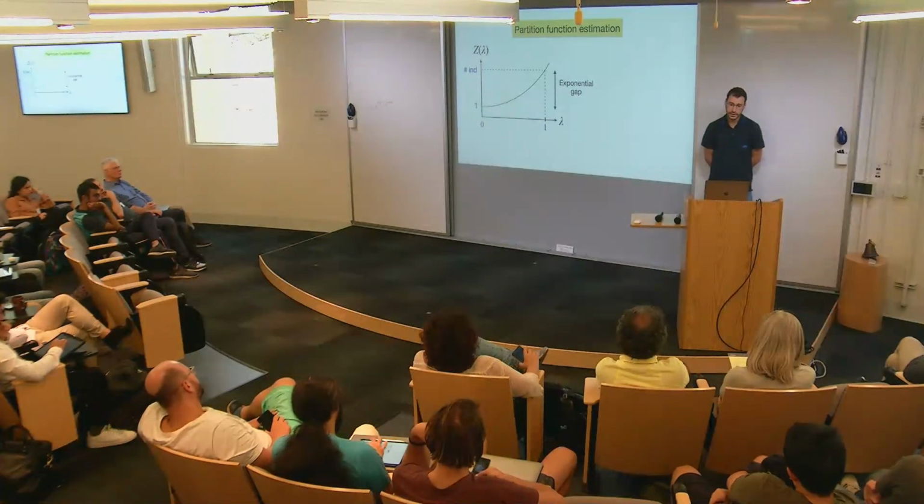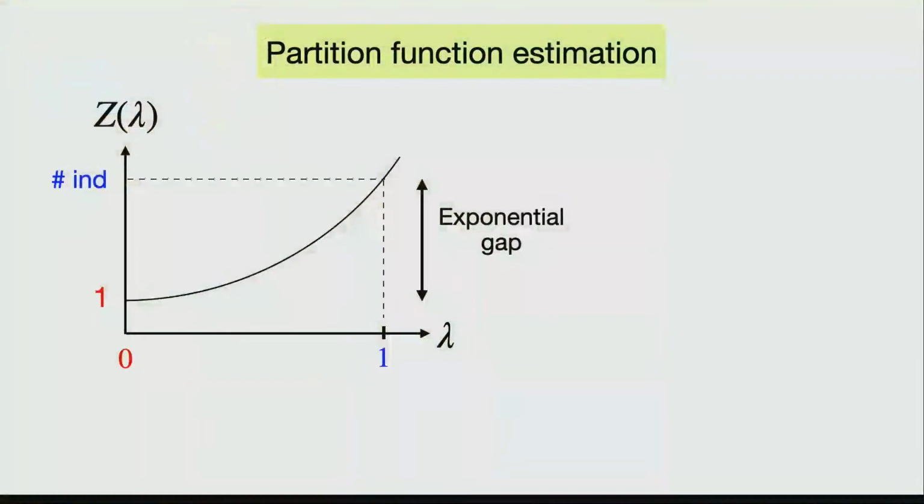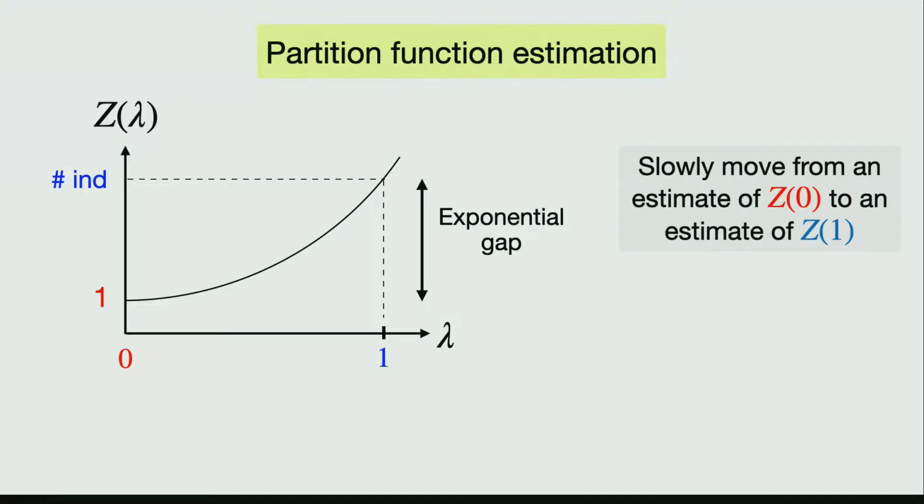Okay, so how to estimate the partition function? The idea is to go back to this graph and observe that there is an exponential gap between what is easy to compute, the partition function at value 0, and what we care about. So what we can do is a very natural idea, which is to try to slowly move from an estimate of Z0, actually from the exact value of Z0, to an estimate of Z1.